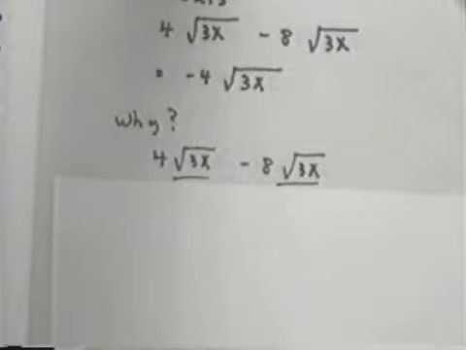Let's see why. It's the same reason as for polynomials. I have a common factor of the square root of 3x. Since I have a common factor of the square root of 3x, I can factor out the square root of 3x.